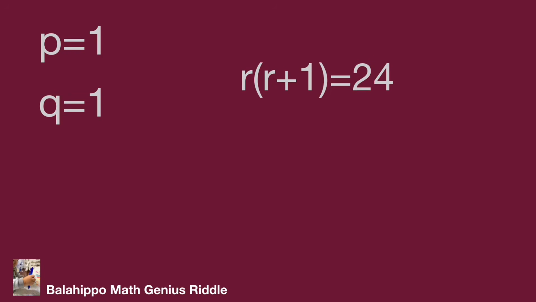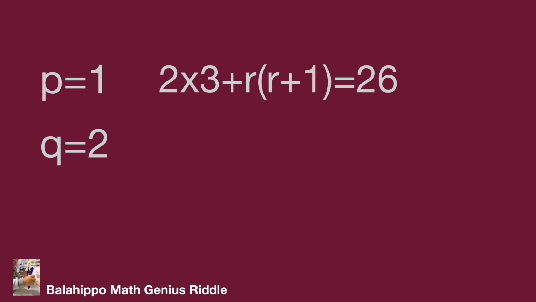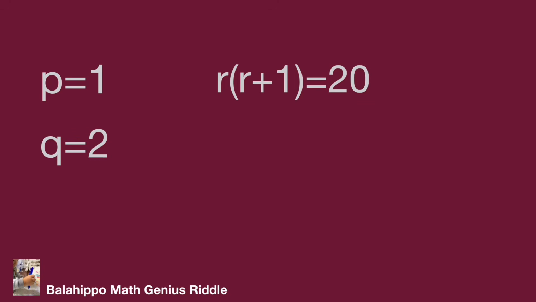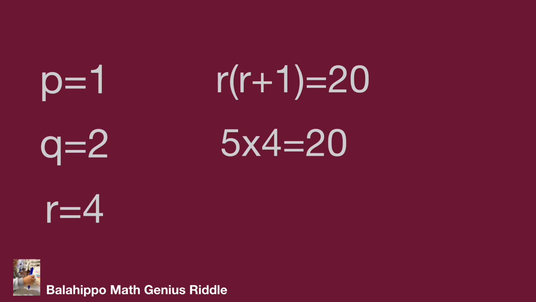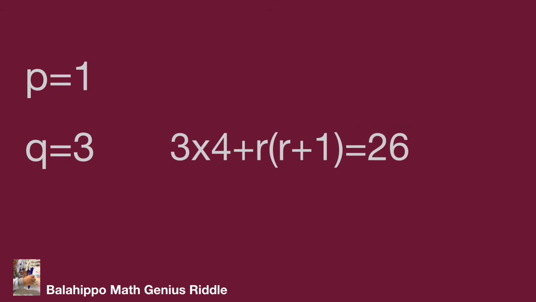No solution for r. While q equals 2, 2 times 3 plus r times quantity r plus 1 equals 26. R times quantity r plus 1 equals 20. So 5 times 4 equals 20. Got r equals 4. It is the solution.